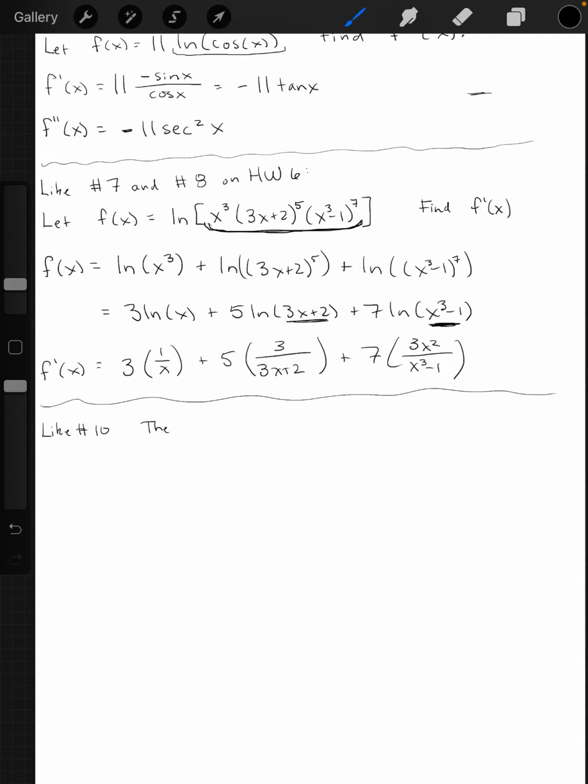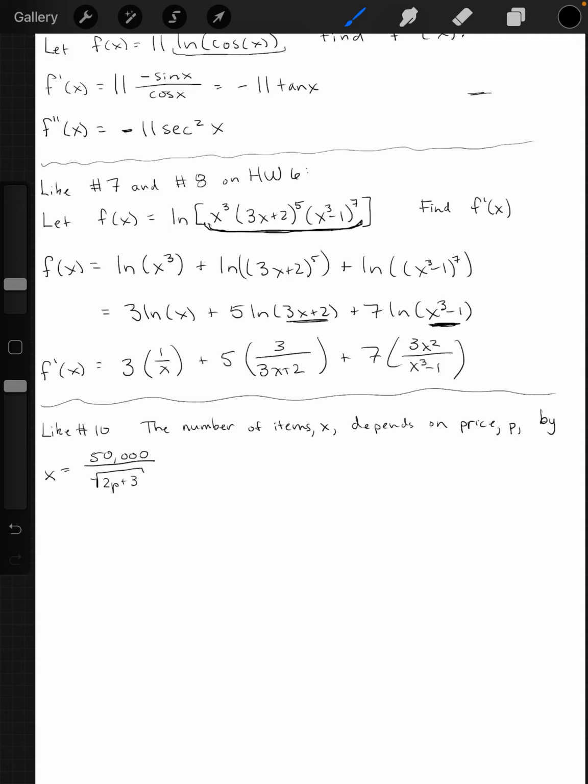So we have the number of items x depends on price p by x equals 50,000 divided by the square root of 2p plus 3.